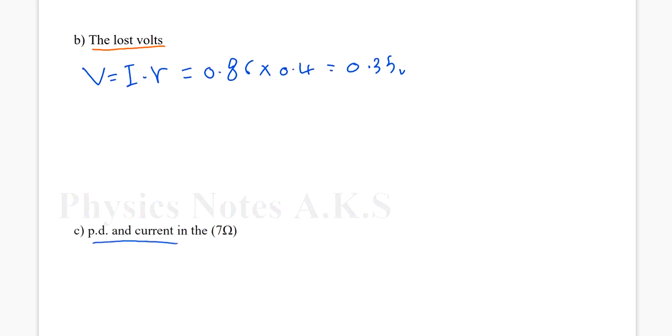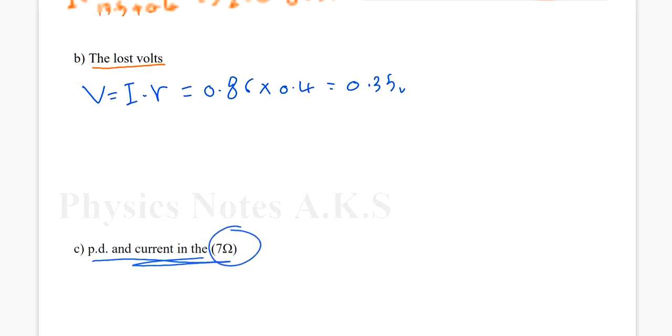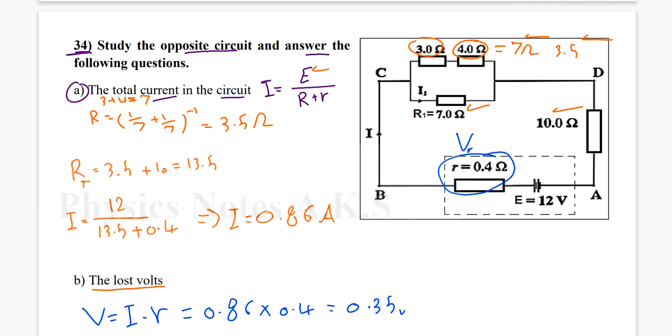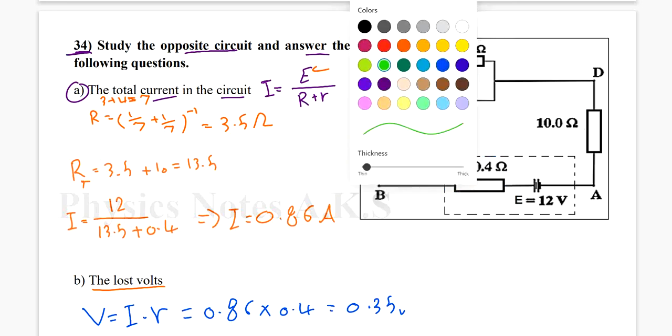Now they want potential difference and current in the 7 ohm resistor. Go back to the circuit. They want the current. Let me erase here everything just to focus on part C of the question. I'll change the color also to this one. Good.